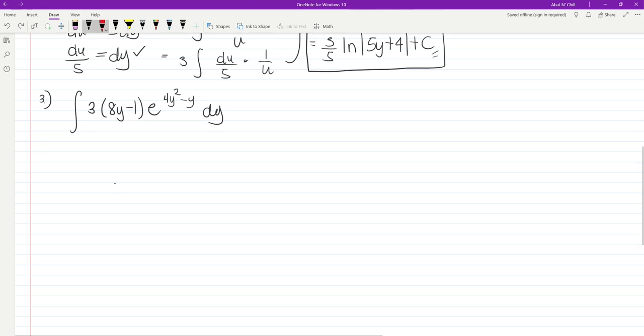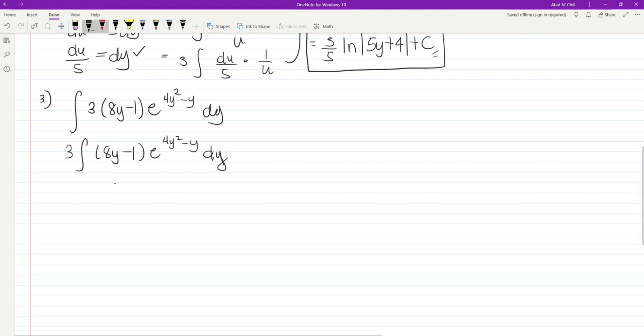Before anything else, these three things are all in multiplication. So I can factor out 3 outside of the integral sign, so that this becomes 8y minus 1 e raised to 4y squared minus y, and we have dy.